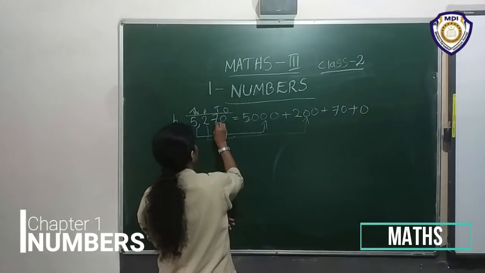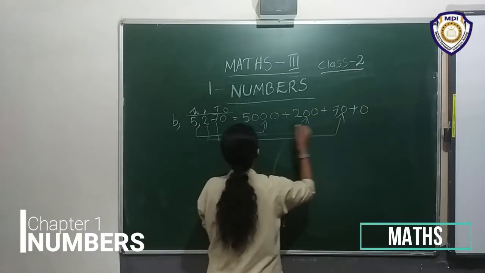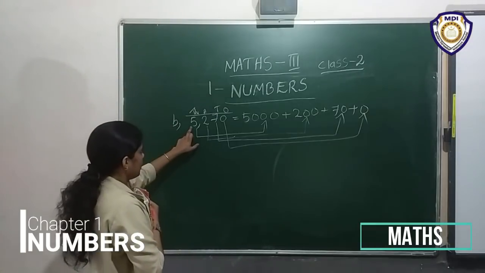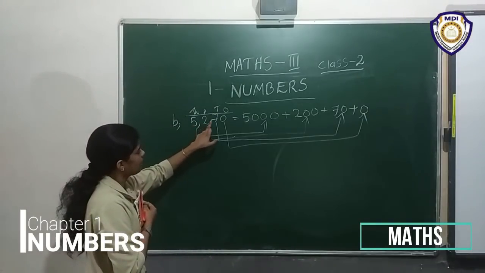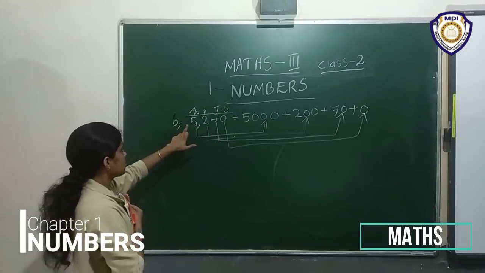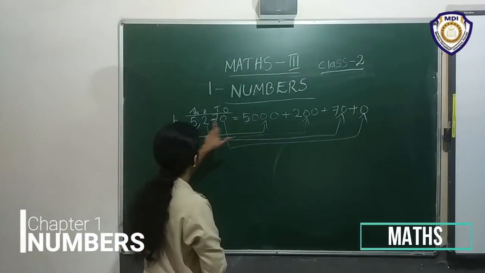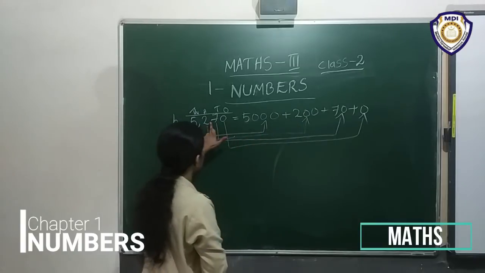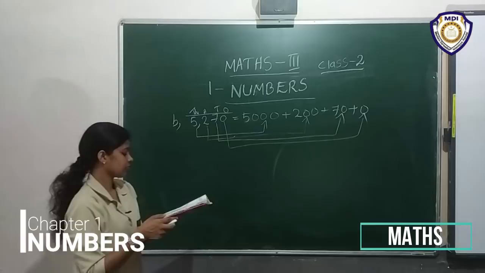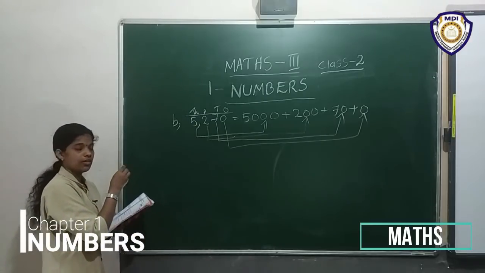Okay. Five thousand plus 200 plus 70 plus 0. Okay. Did you understand? Okay.